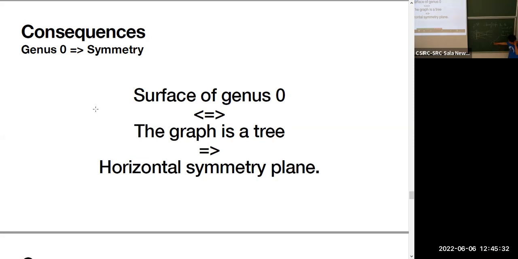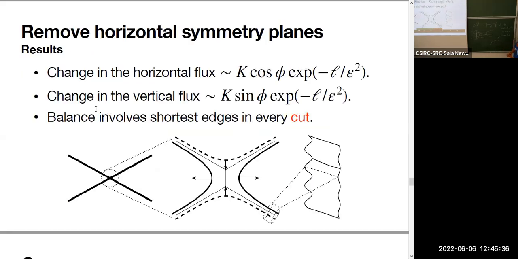And the flux, the vertical flux, should be 0 on every cut, meaning that this should be 0 on every edge. And that means sine phi should be 0 on every edge, and that means phi being 0 or pi. And then the whole surface has a symmetry plane.